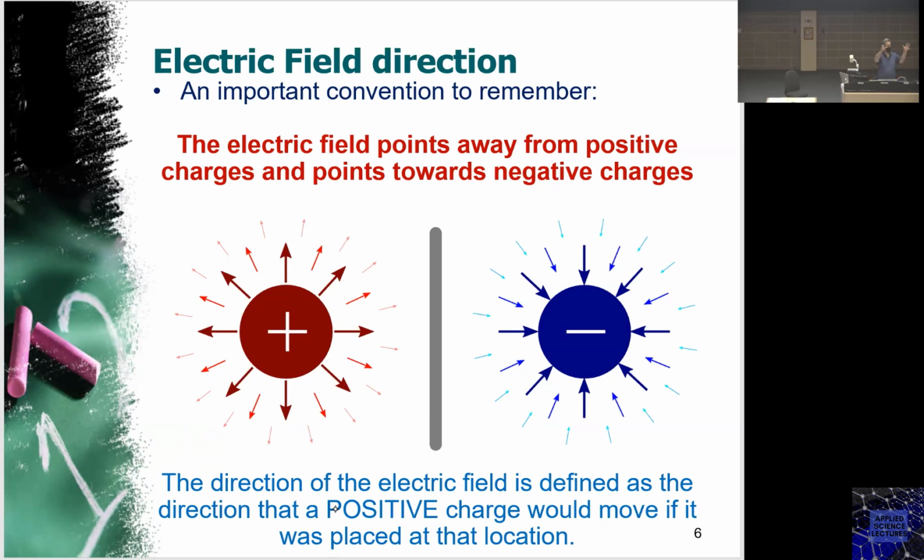However, the difference here, this electric field is a vector field. The electric field is pointing outward if it's a positive charge in all directions. If it's a negative charge, then the electric field is pointing inward from all directions.